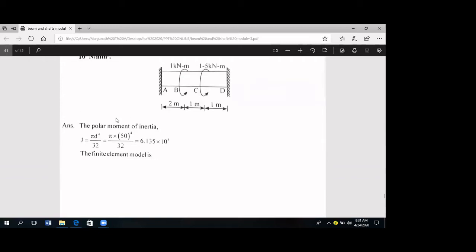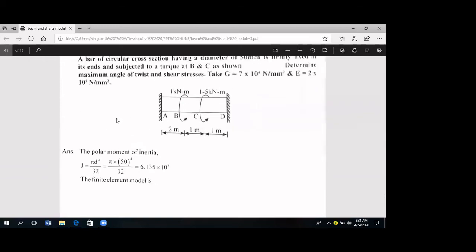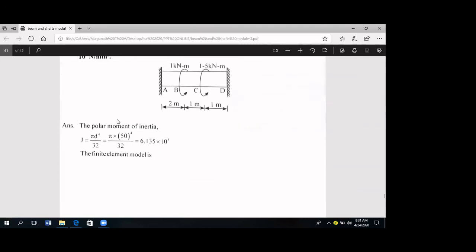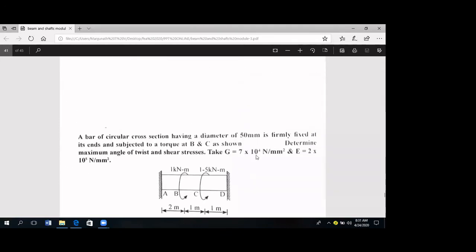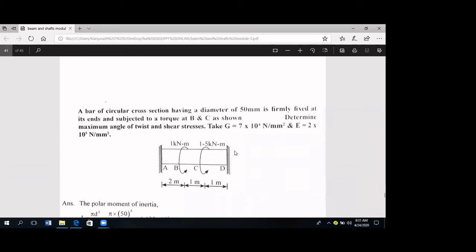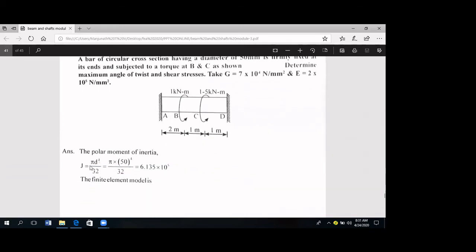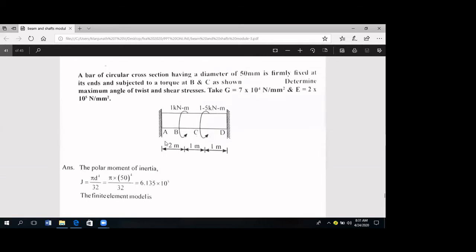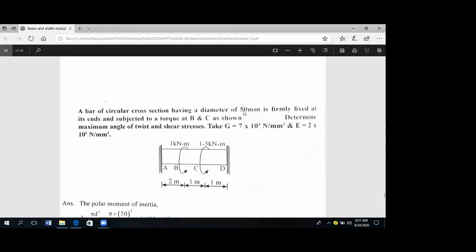That is the stiffness matrix for the torsional bar or torsional shafts. Here G is the modulus of rigidity, which is given in the problem, but we need to calculate the polar moment of inertia. The polar moment of inertia J is equal to pi d to the power of 4 divided by 32, where d is the diameter of the circular shaft, given as 50 mm.